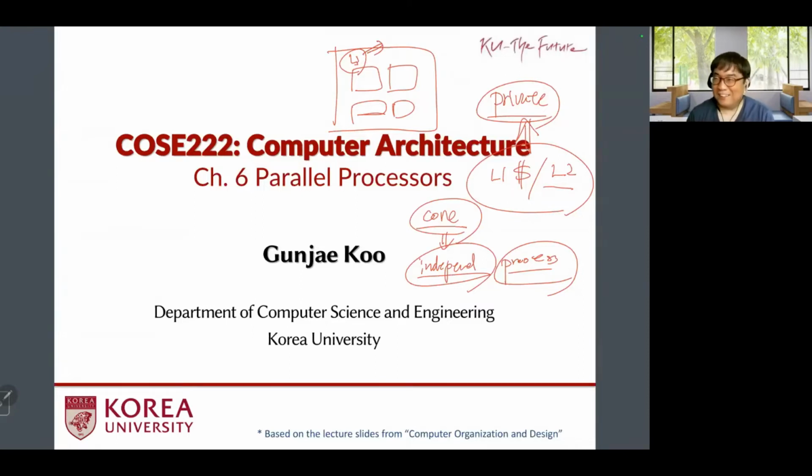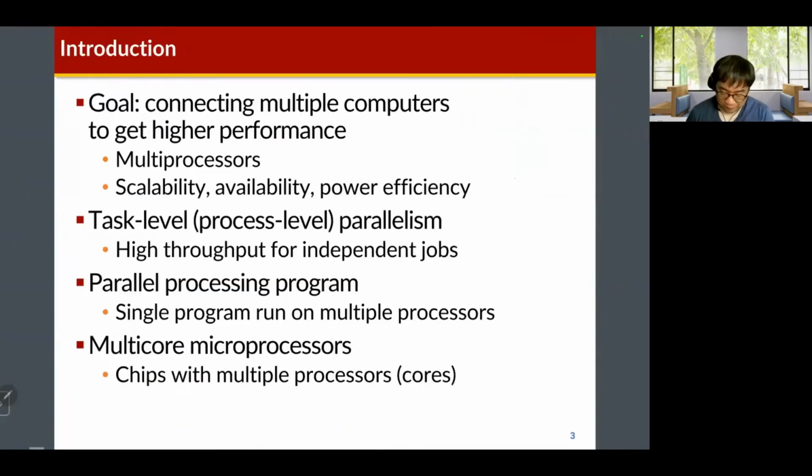Okay, so in this chapter 6, we will learn how these parallel processors are designed, and also we will learn about the basic concepts of parallel processor architecture. So this is the goal of this chapter. This is chapter 6 of this course.